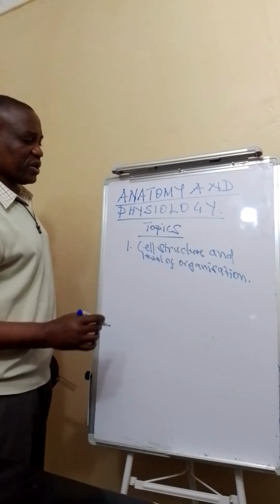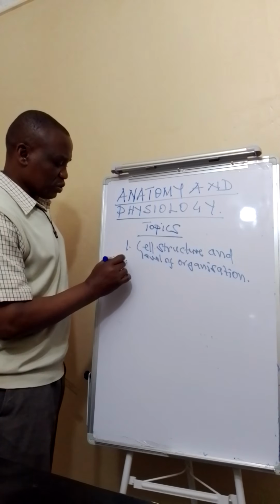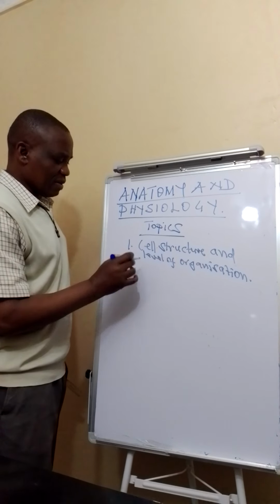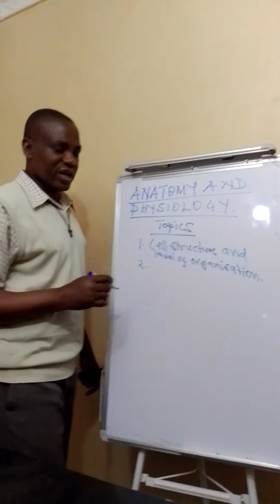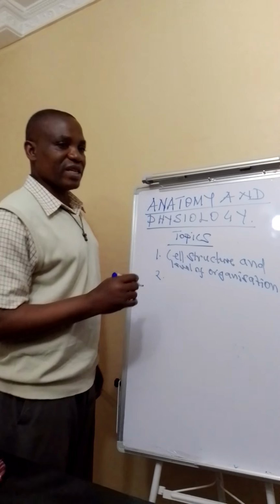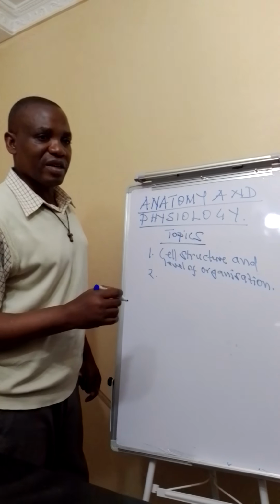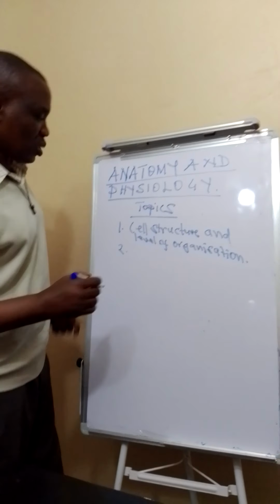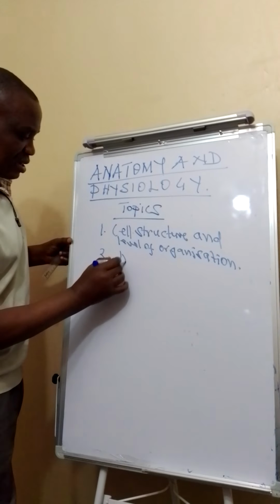Since this is environmental health, in terms of the systems, we are going to look from the outside to the inside. That means the system that is immediately in contact with the environment is the one which we are going to look at first. And this one is the integumentary system.